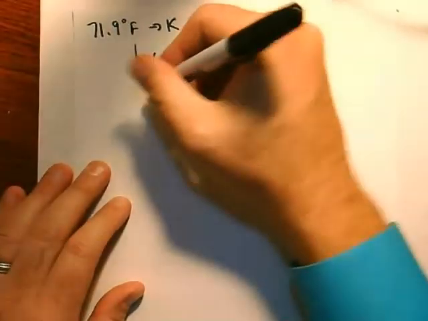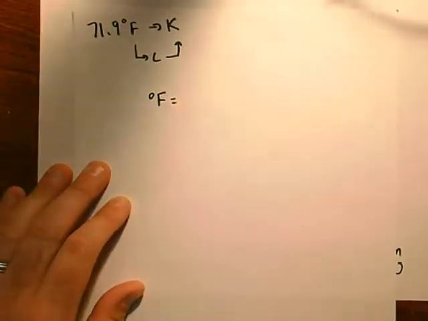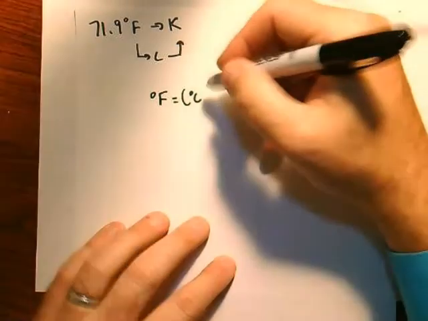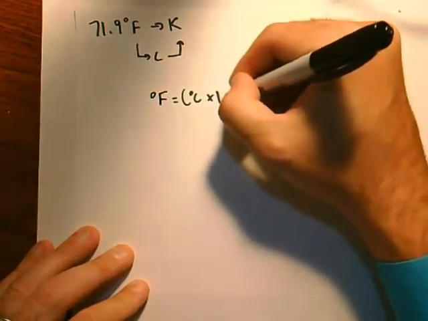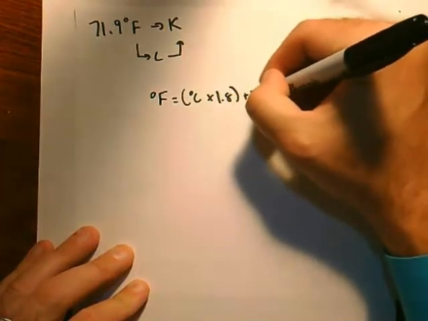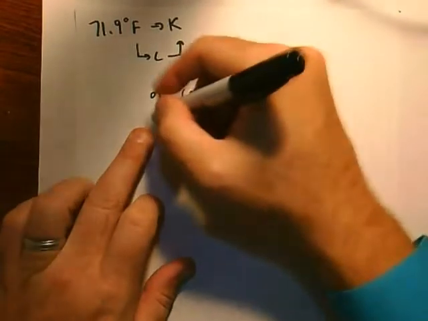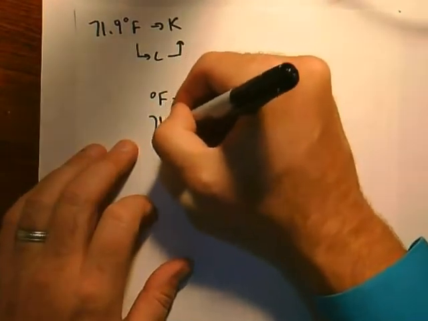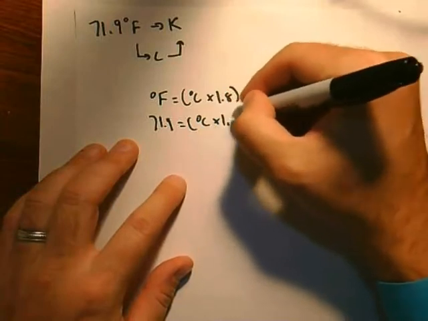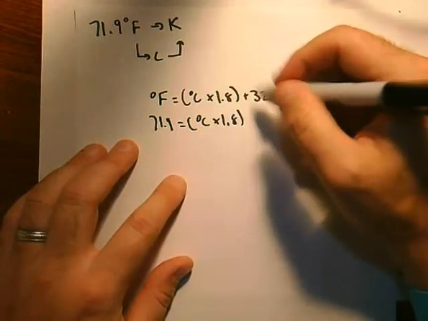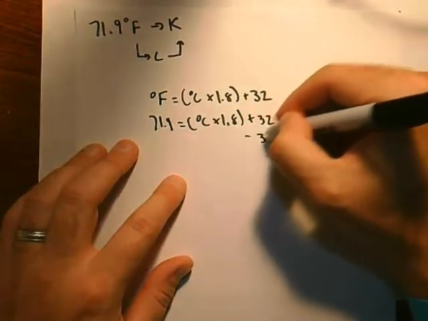So our temperature in Fahrenheit equals the temperature in Celsius times 1.8 plus 32. So we get 71.9 equals the temperature in Celsius times 1.8 plus 32. We subtract 32 on each side.